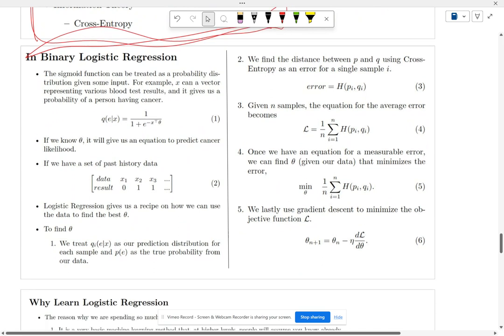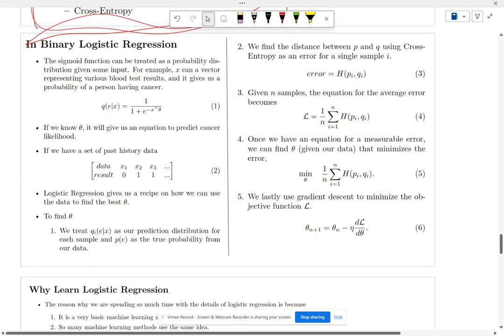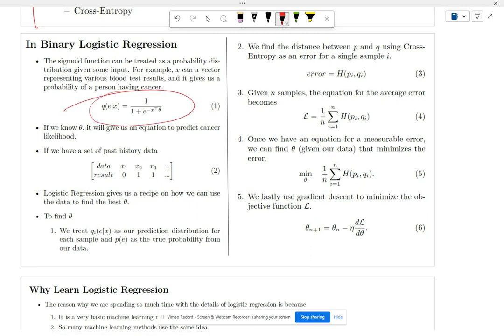So let's move on. In binary logistic regression, right? Like I told you, the sigmoid can be treated like a probability distribution. And once we find the theta, then we know this distribution and we can plug x in to tell us the probability of particular events. So logistic regression gives us a recipe on how we can use the data to find theta.